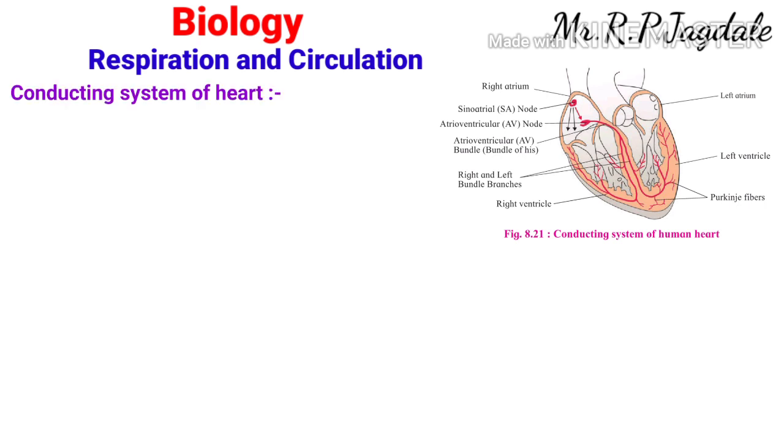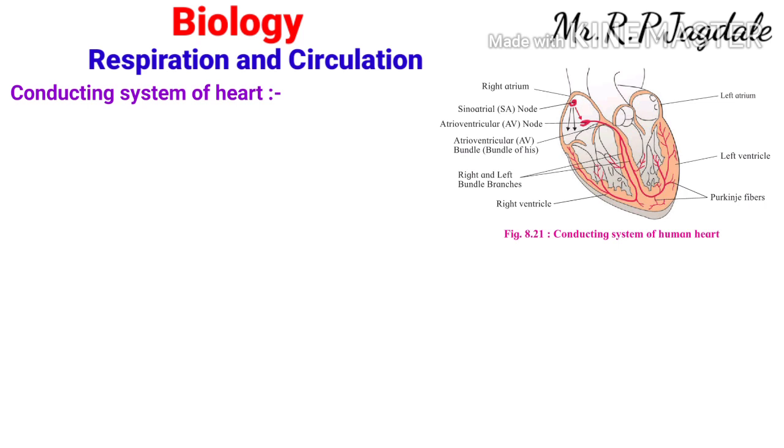You can see one diagram on your screen which is showing the conducting system of the human heart. You can see two auricles and two ventricles, the right and left atrium, and the right and left ventricle. There is the SA node, the sinoatrial node. Then just below that is the atrioventricular node, that is the AV node, and both are present in the right atrium.